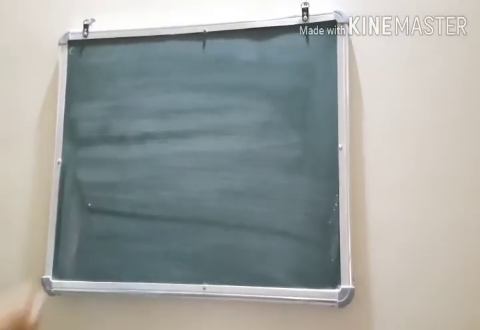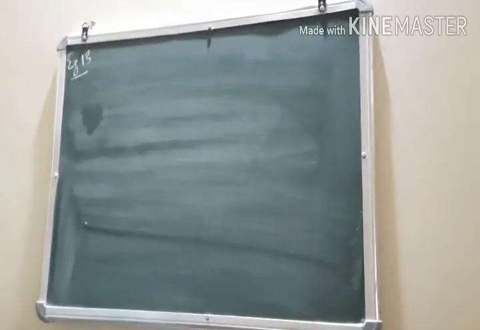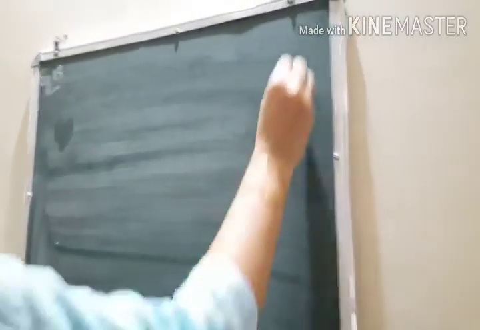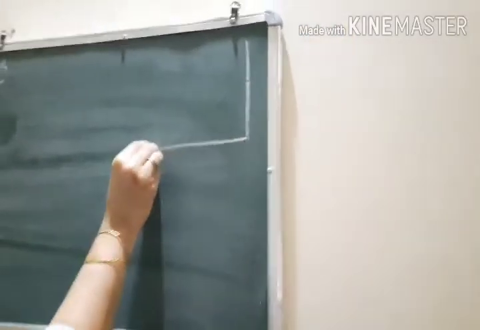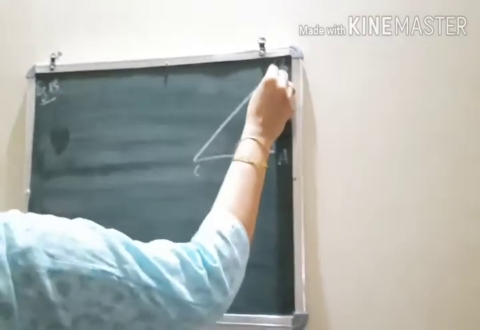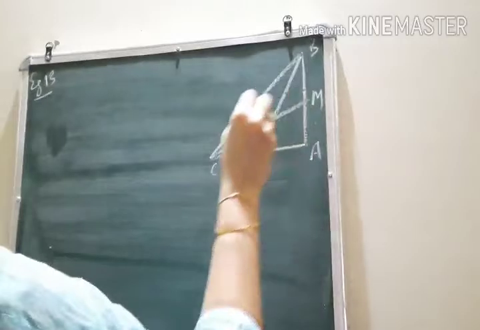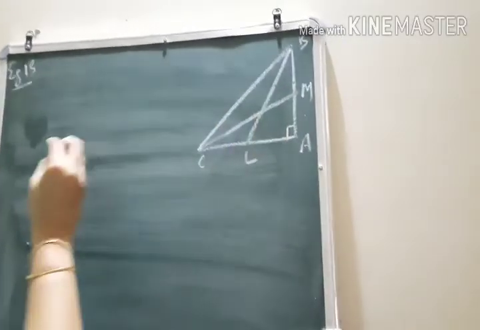Example number 13. BL and CM are medians of a triangle ABC, right angle at A. The right angle is at A. BL is a median and CM is also a median. This is 90 degrees.